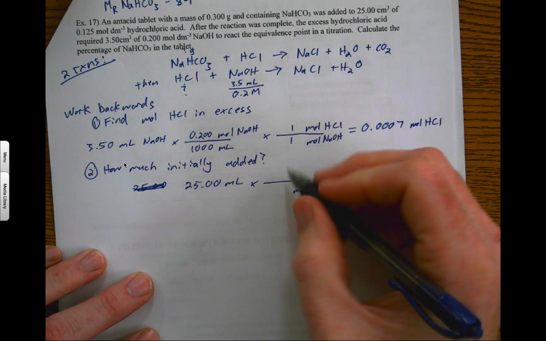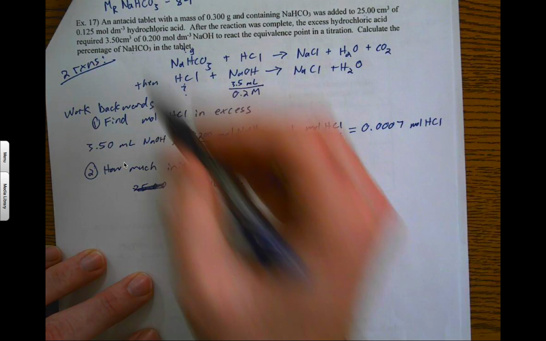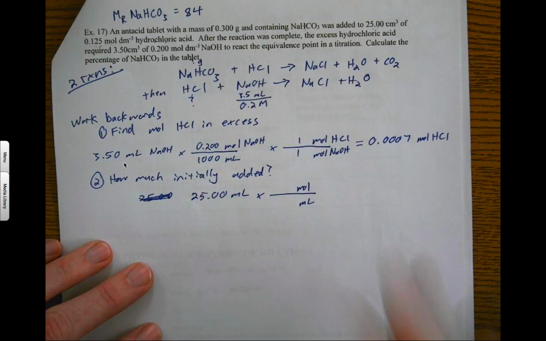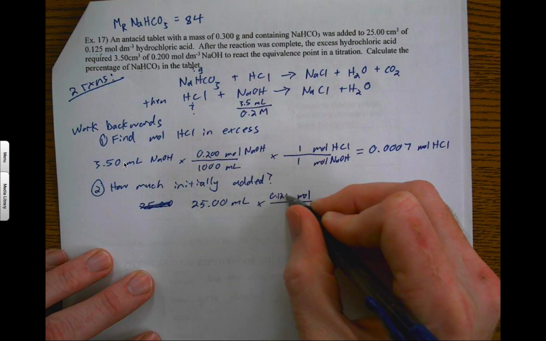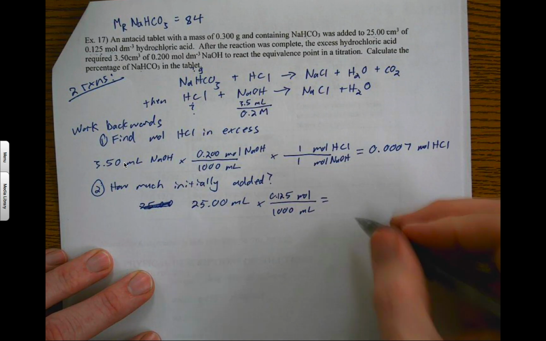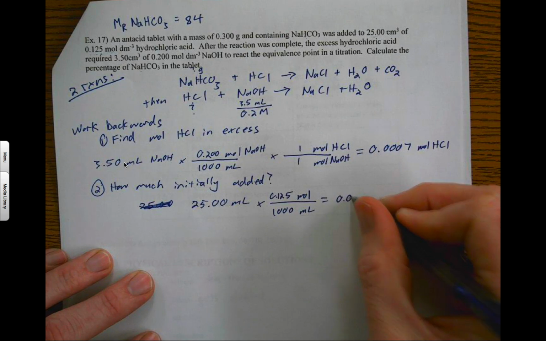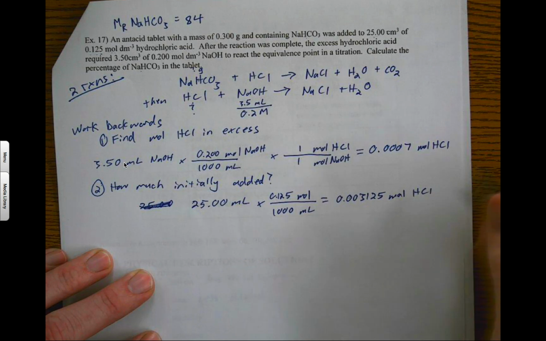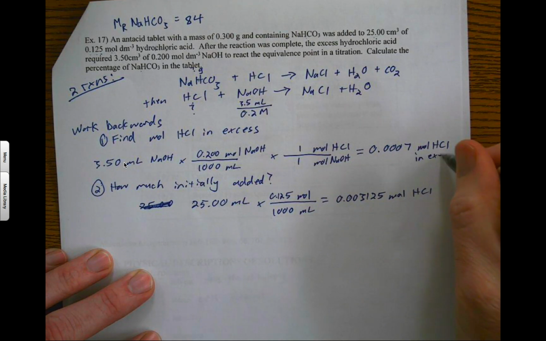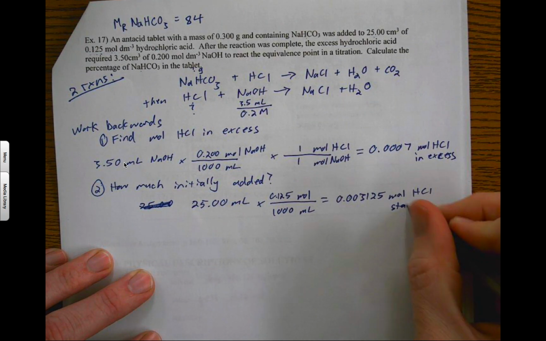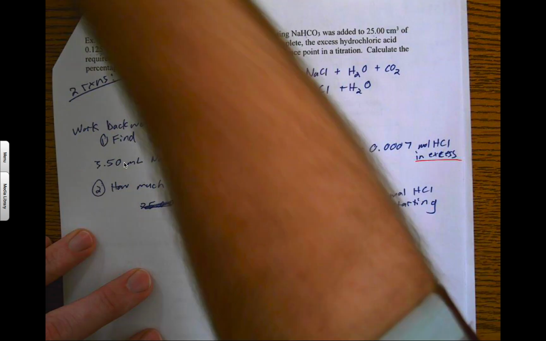And then milliliters to moles using that hydrochloric acid, right? That 0.125 molar hydrochloric acid. And then that will give us 0.003125 moles of HCl. This was in excess. And this is starting.